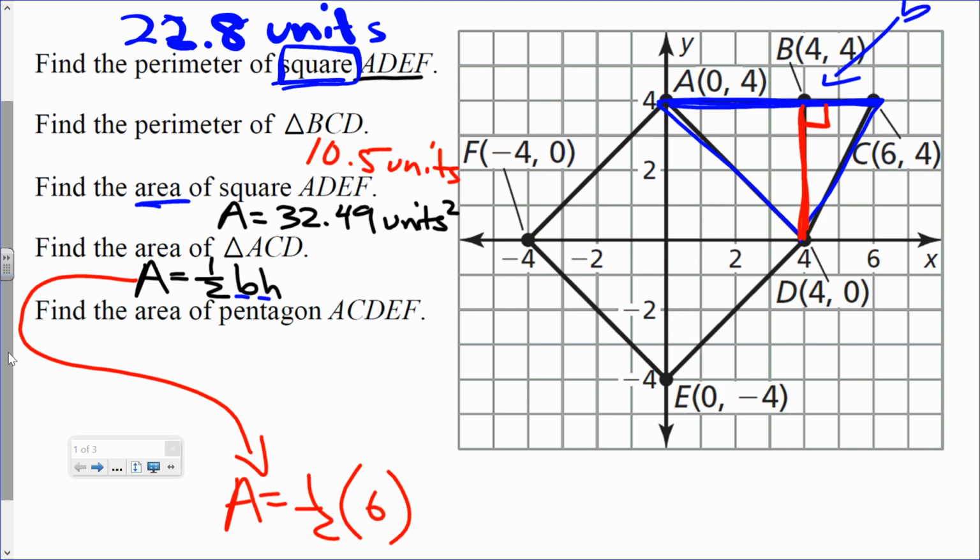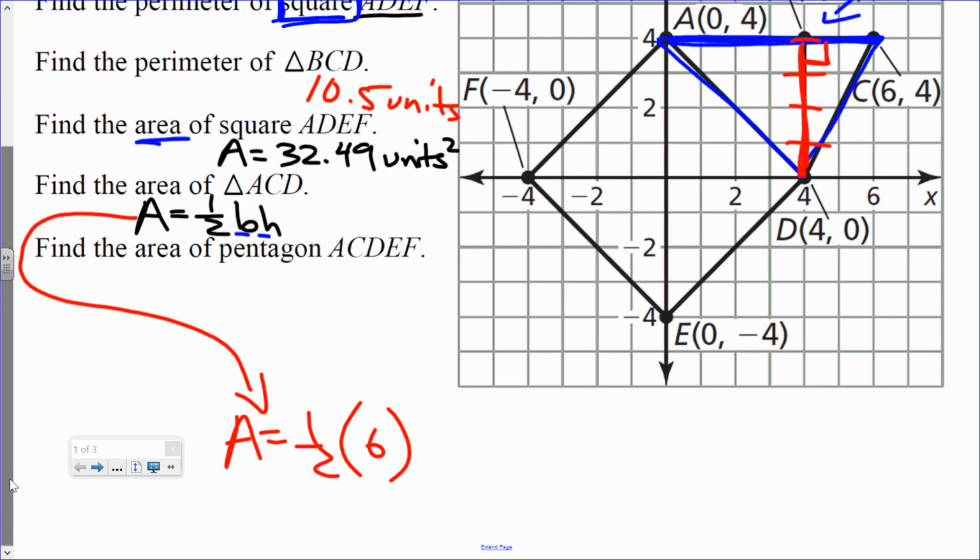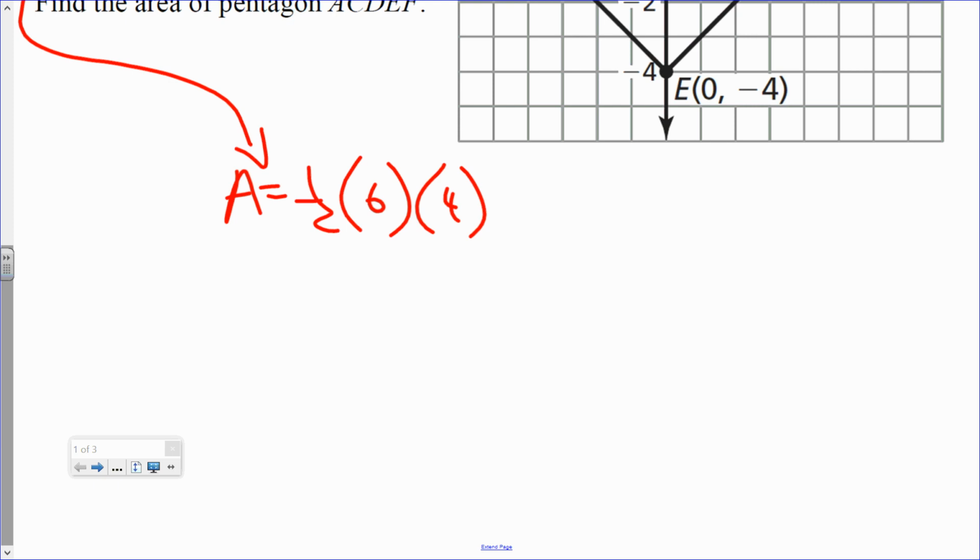Nice. 1, 2, 3, 4. So one half times 6 times 4 is 24. One half times 24 is going to be 12.